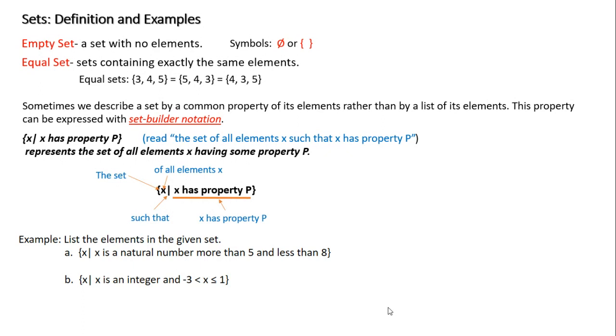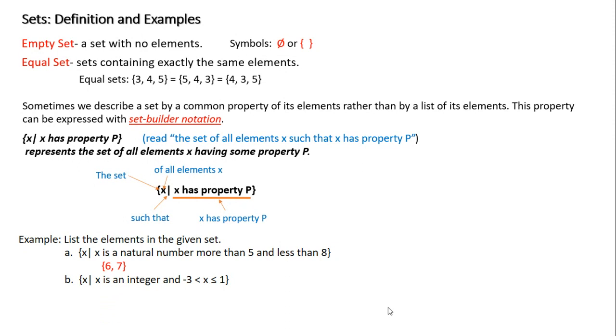Let's look at examples of set builder notation and what they stand for. The first one says X such that X is a natural number more than 5 and less than 8. Here the set this is describing is just 6 and 7. X is a natural number, so we're looking at the natural numbers.